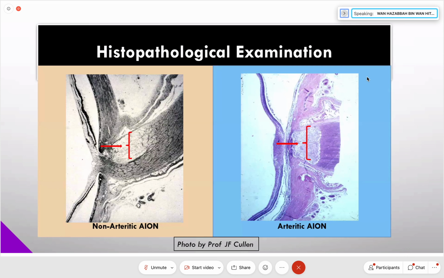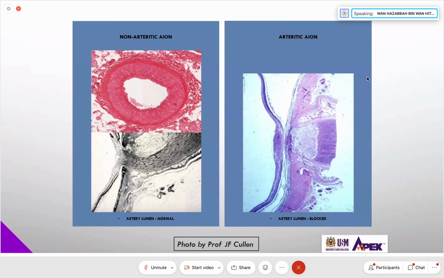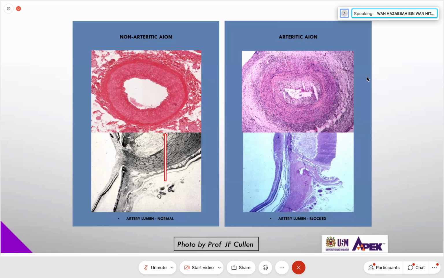That's why we need to see in terms of the pathology how this happens and contributes to complications. In non-arthritic, the artery that supplies the optic nerve is still intact, still okay, compared to arthritic, where you see it is filled up with inflammatory cells and then blocked.